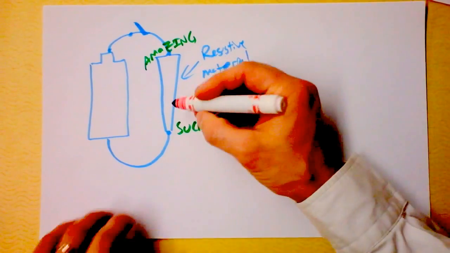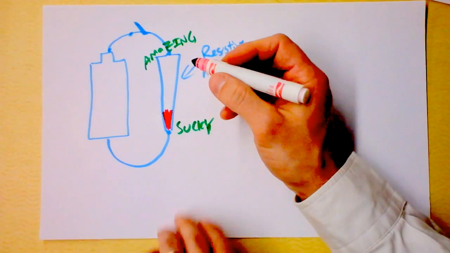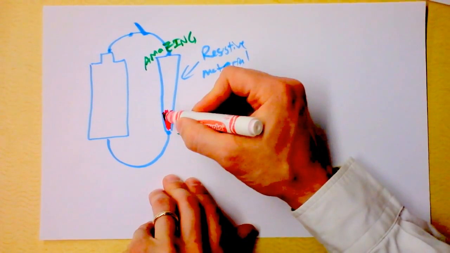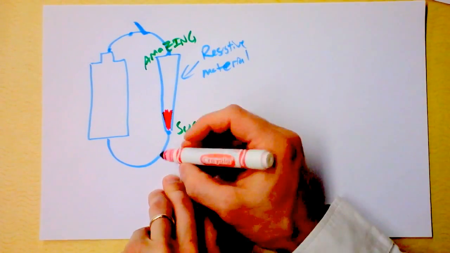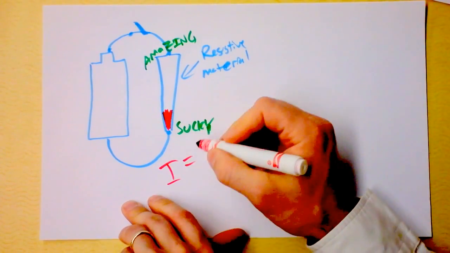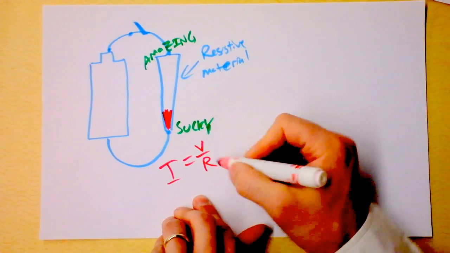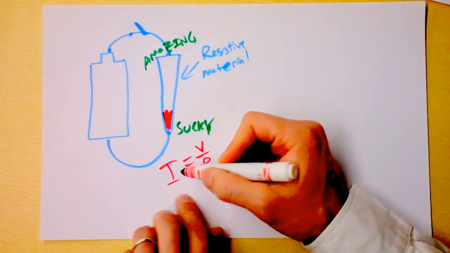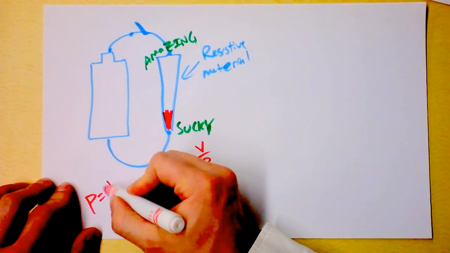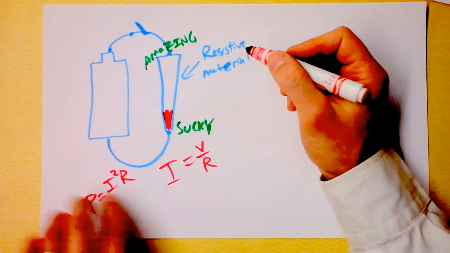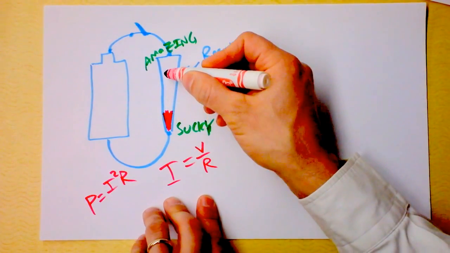Even with a bad battery, down here will heat up, and you'll see red or yellow or however they design it. And then if the battery's even better, then there'll be even more current flowing through here. The current flowing through there is related, we got V is IR, so I is V over R. And for a given, oh man, there's some key current that's going to cause this to heat up, by P is I squared times R, because the resistance is getting less and less up here.